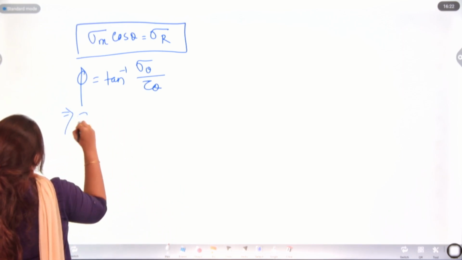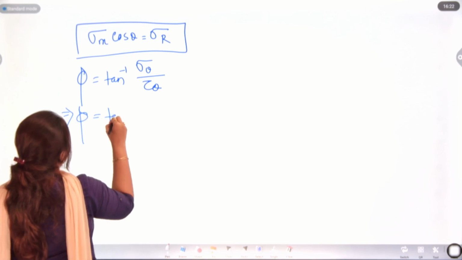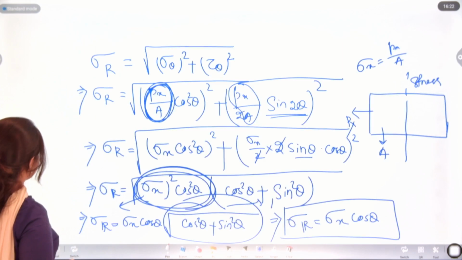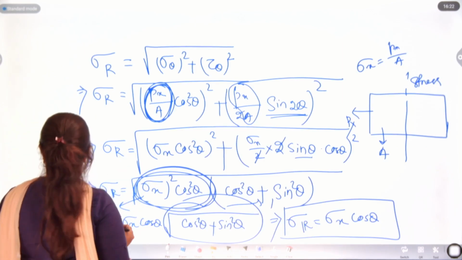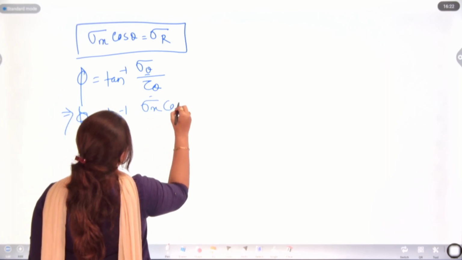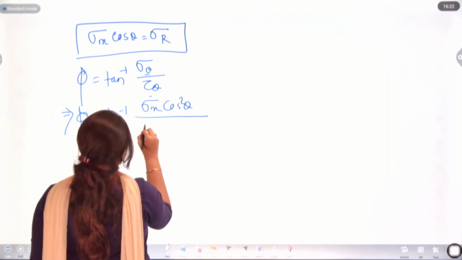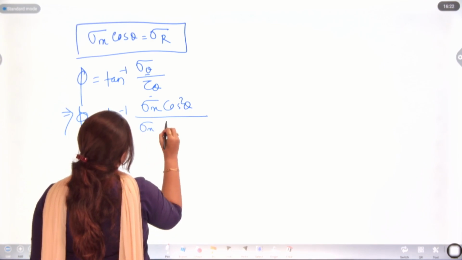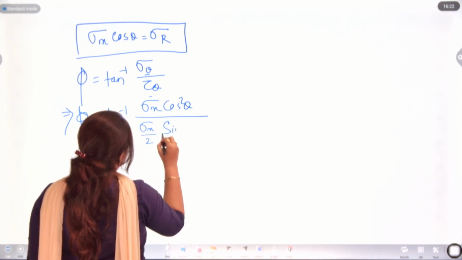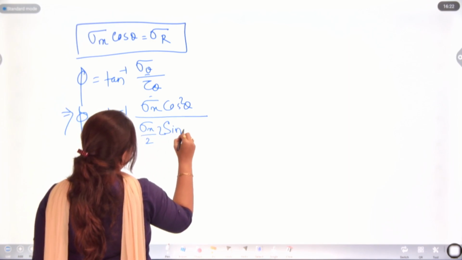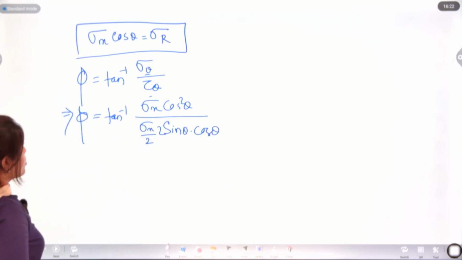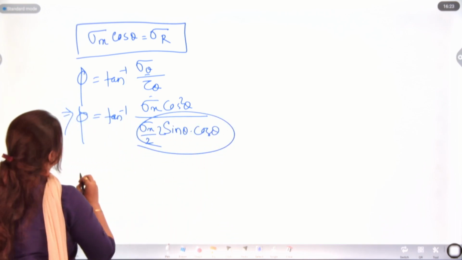So phi will become tan inverse, and we can put the sigma theta and tau theta values: sigma x cos square theta upon sigma x sin theta into cos theta.